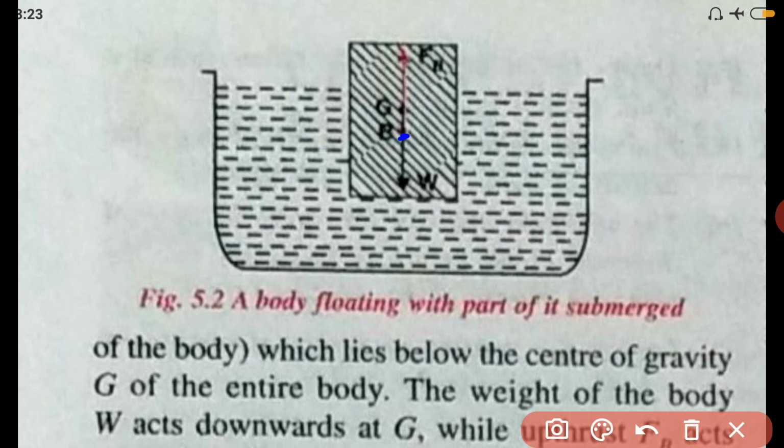This center of gravity of the immersed part of the body is also equal to the center of gravity of the displaced liquid. So this becomes the center of buoyancy here. Now it should lie just below the center of gravity of the whole body, which is denoted by capital G, right? The whole weight of the body should act downwards, and the upthrust should act upwards. I hope you understood this particular point.